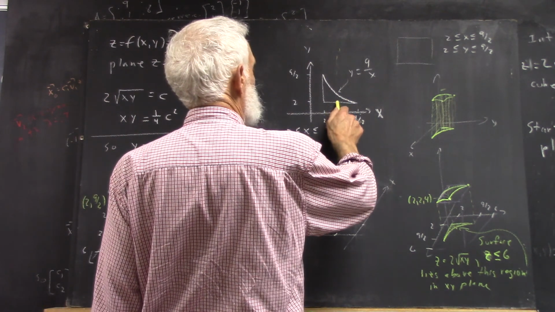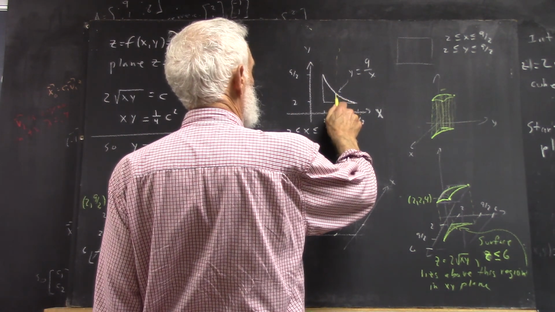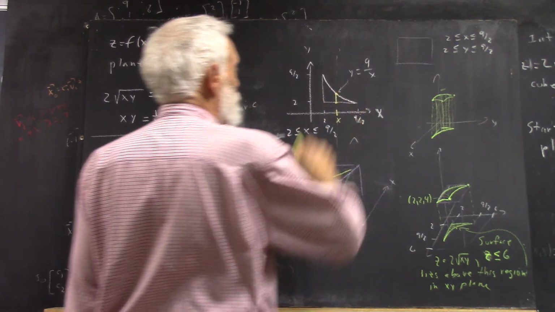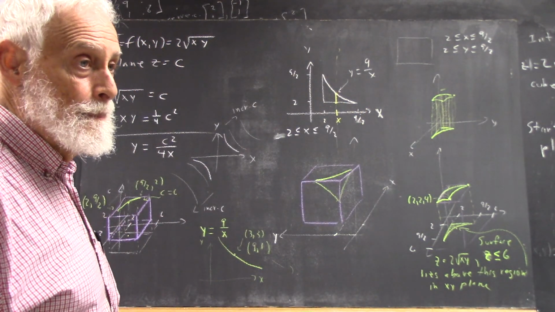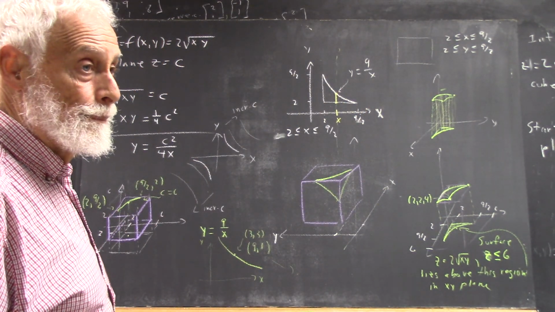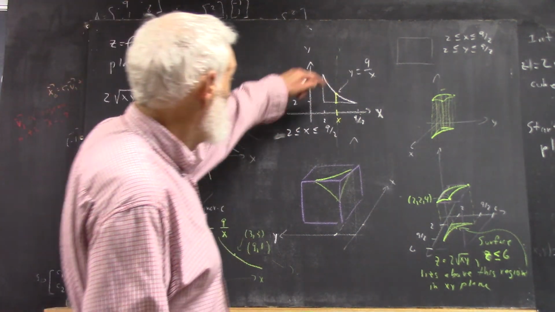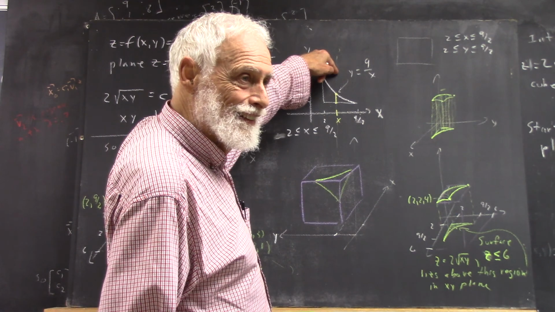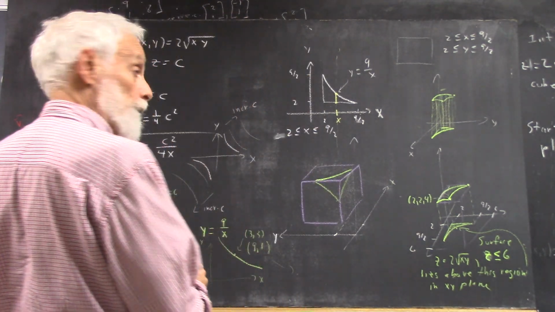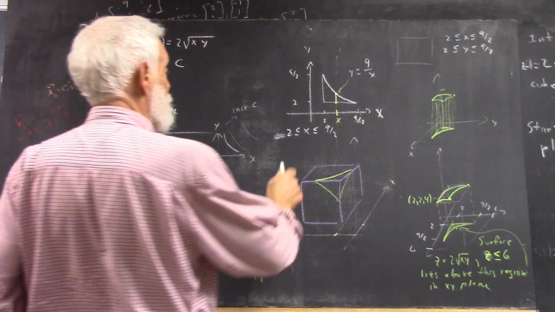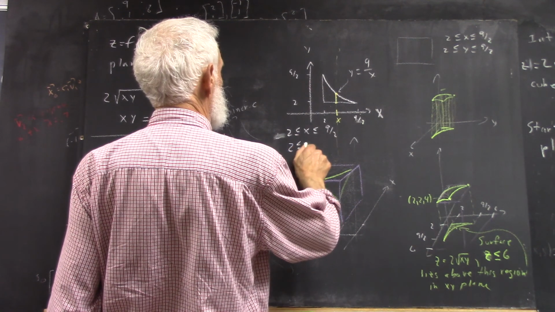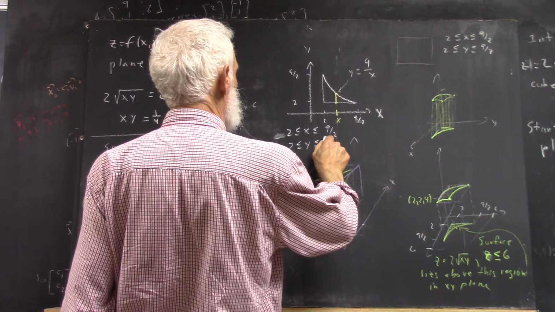And y stays in the region until you get here. So what's the y coordinate of that point? 9/x. Yeah, okay, so there it is. 2 then has to be less than or equal to y, which is less than or equal to 9/x.